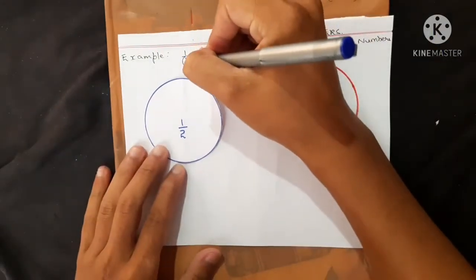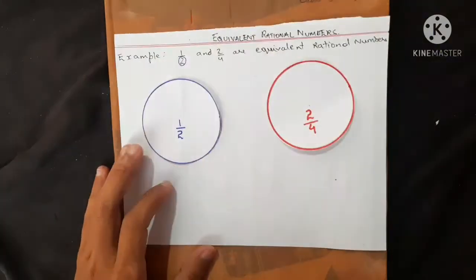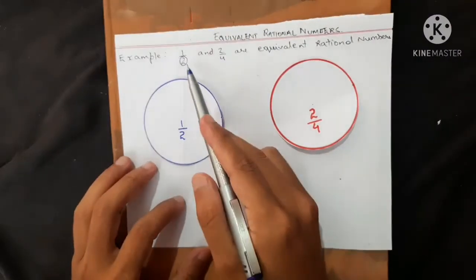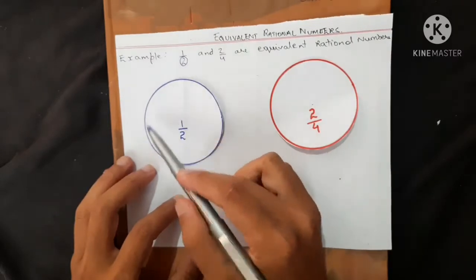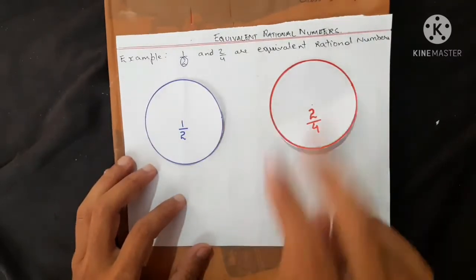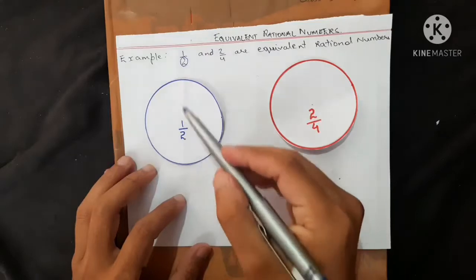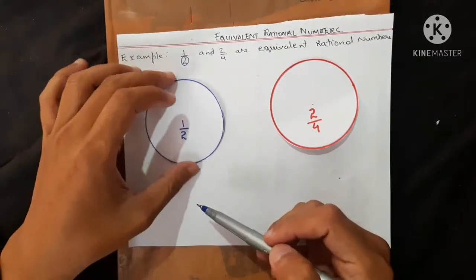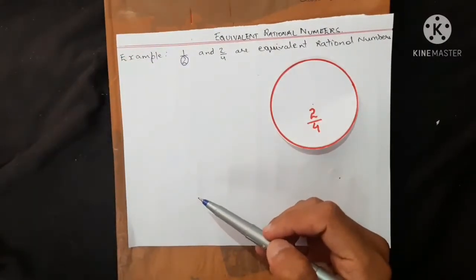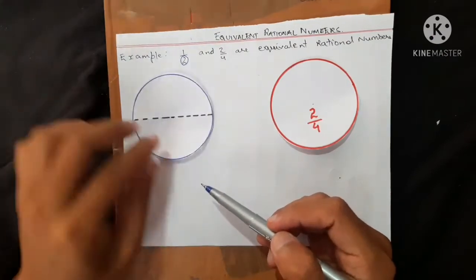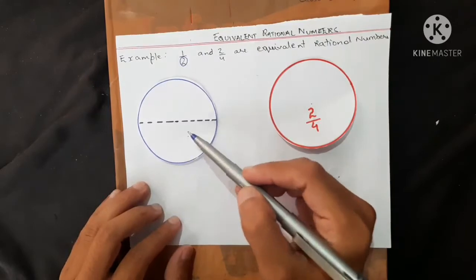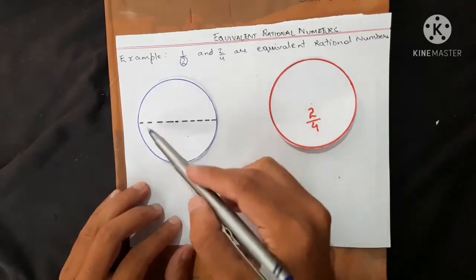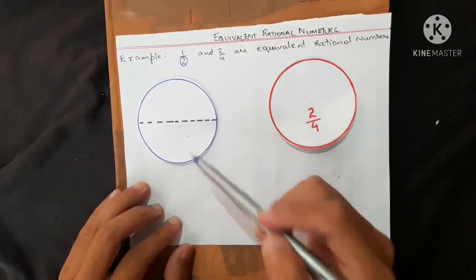Here the denominator is 2, so we have to divide this blue circle into two equal sections. I have first part and the second part.